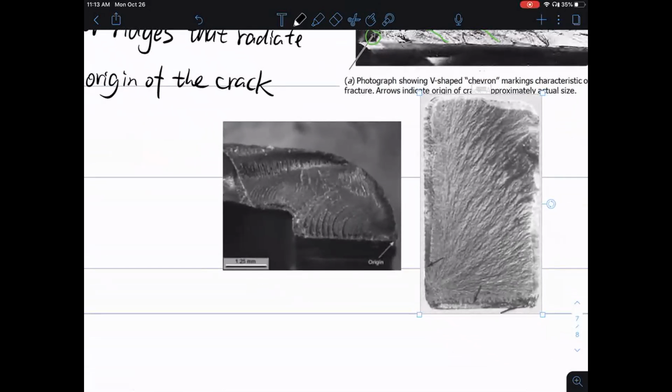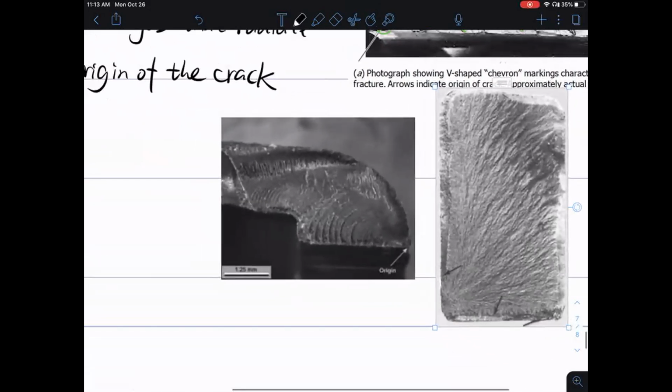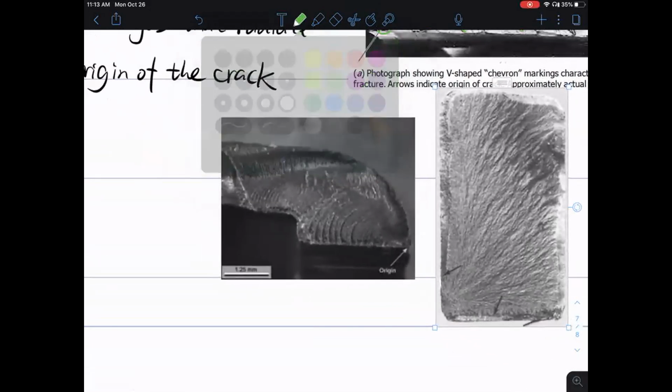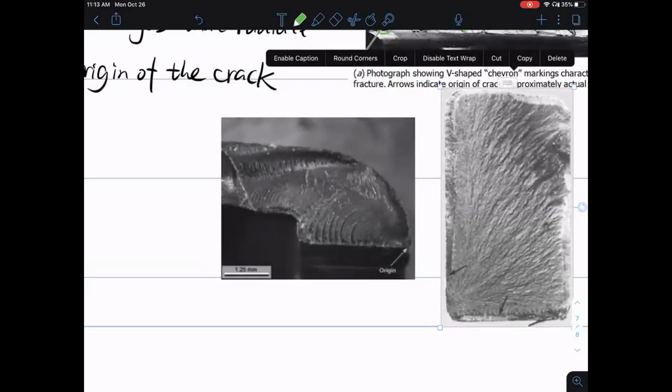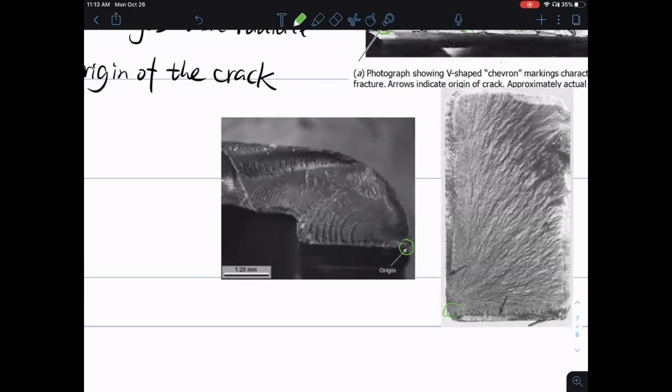All right, can you see these two pictures? Here's the origin of that crack. Here's the origin of the crack in another image. And as you can see, there are marks that radiate from the origin.